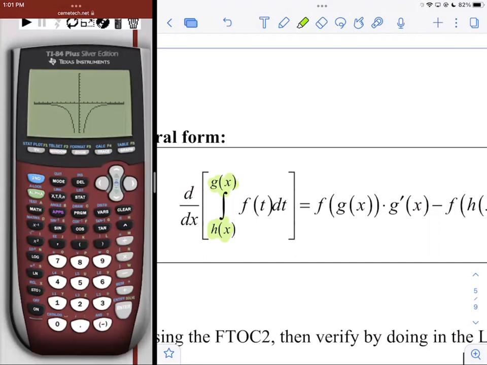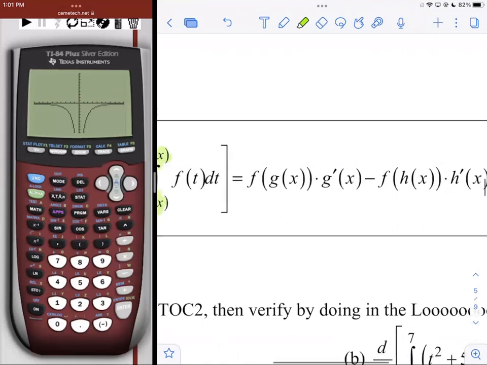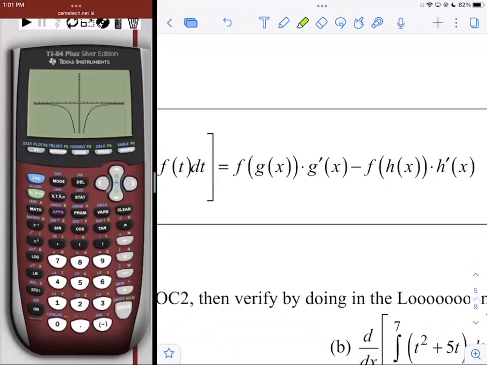We're going to do f of the top, so f of g of x, right? Instead of just plain old f of x, it's f of g of x times the chain rule g prime of x minus, now we'll plug in the bottom, f of h of x times the chain rule h prime of x.